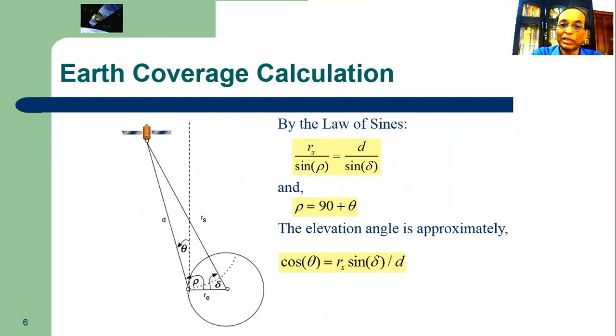The elevation angle is approximately cos theta. So that is Rs sine delta by d. This is from the law of sines.